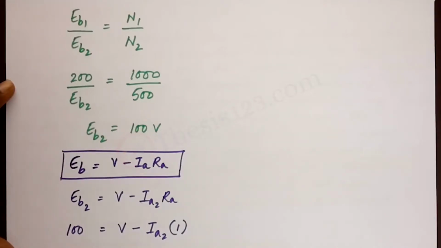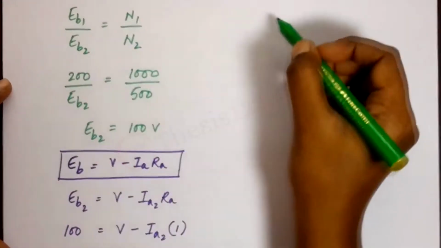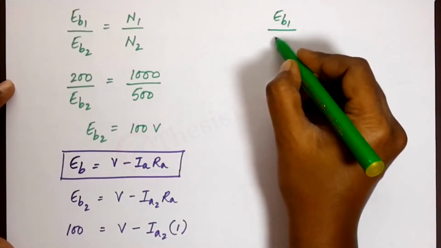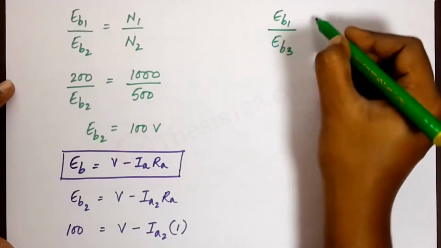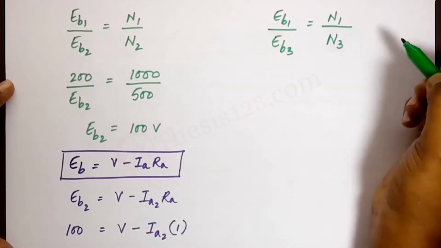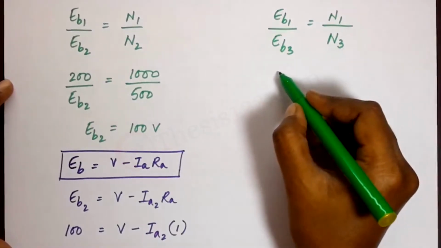Now similarly, exactly what we did in finding out the value of EB2, now let's find out the value of EB3 using the same relation. So here we can now write this as EB1 divided by EB3 is equal to N1 by N3. Okay, so let's substitute.